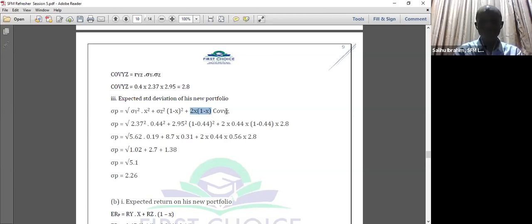Then times covariance YZ. I've already shown you how to compute covariance, and we have already computed it for this.